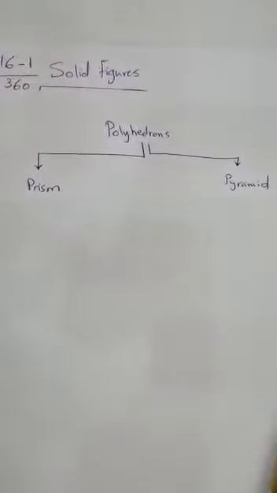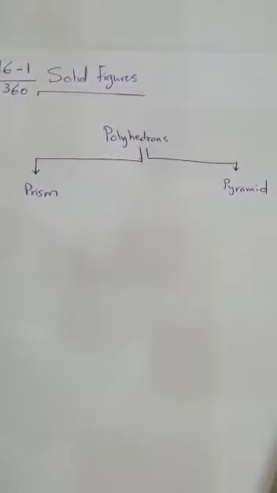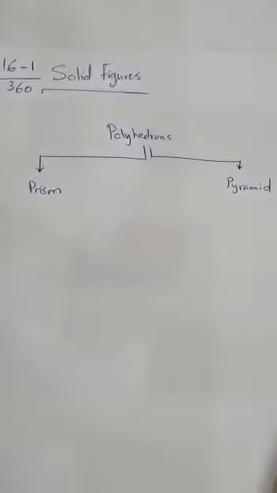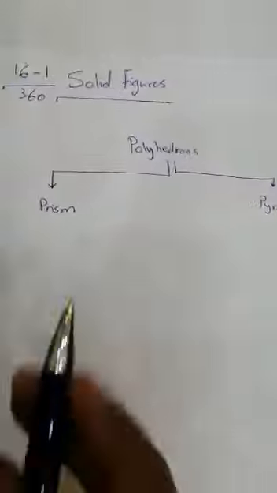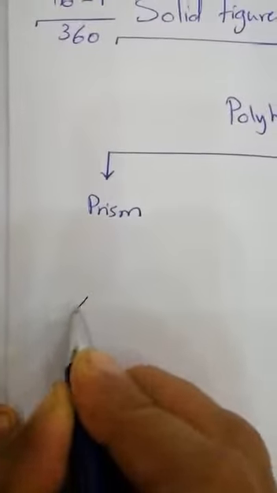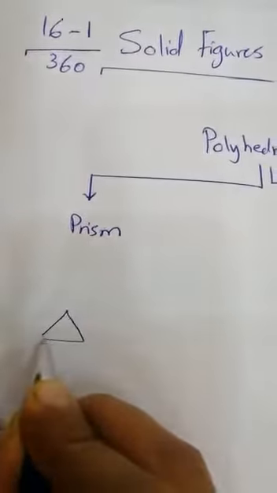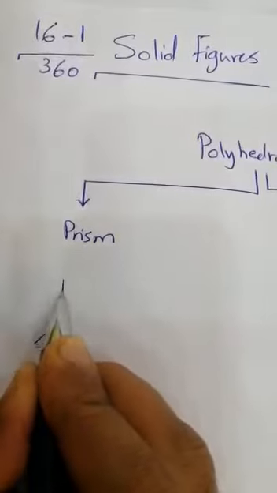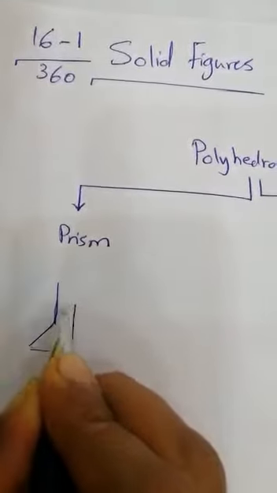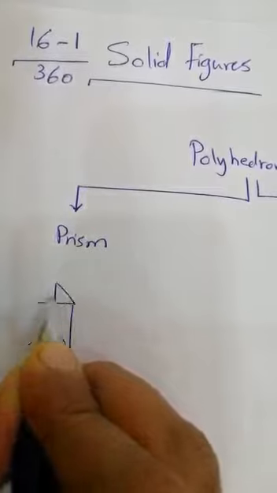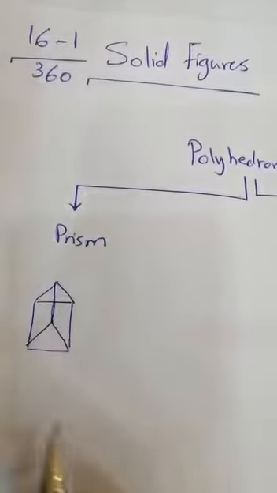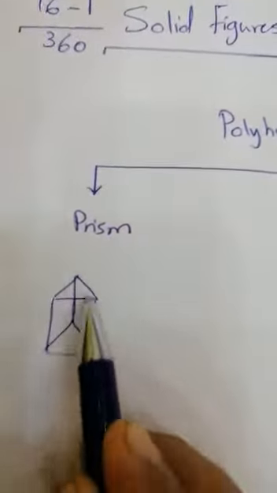And we name a prism by its base, and all the other faces of the prism are rectangles, okay? For example, if I have a base that is a triangle, look guys, here these are the bases.